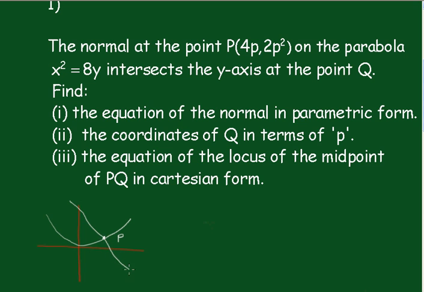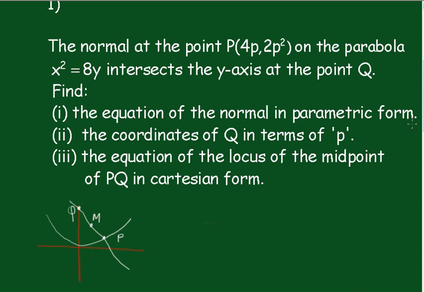And it's going to intersect the y-axis at Q. And we're going to find the locus of the midpoint of PQ. So we have to find the coordinates of that. It's our final thing in part 3.